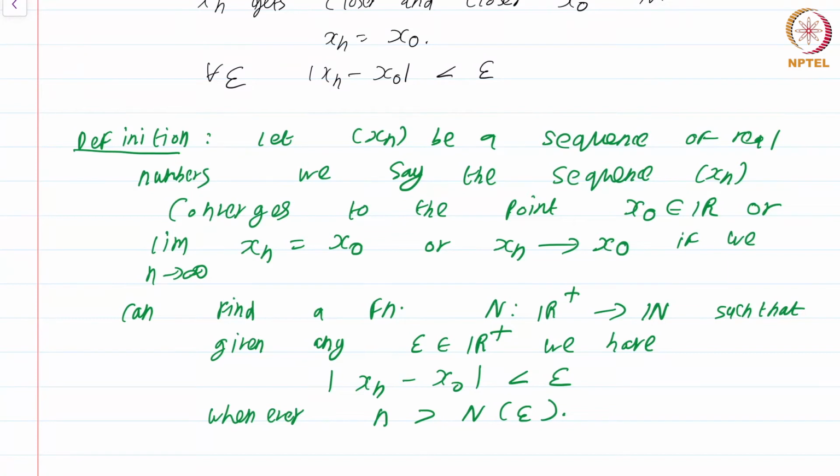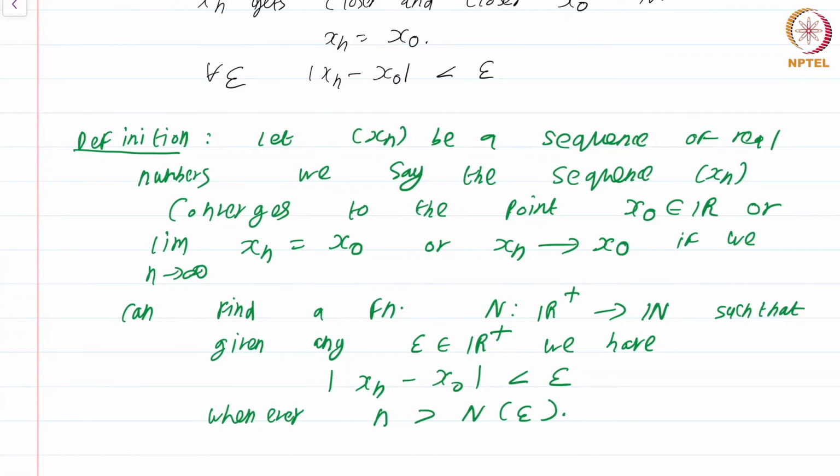That means, given any epsilon, if I choose n greater than N of epsilon, the absolute value of xn minus x0 must be less than epsilon. Note, this must not be true just for n equal to N of epsilon. It should be true for all natural numbers greater than N of epsilon.